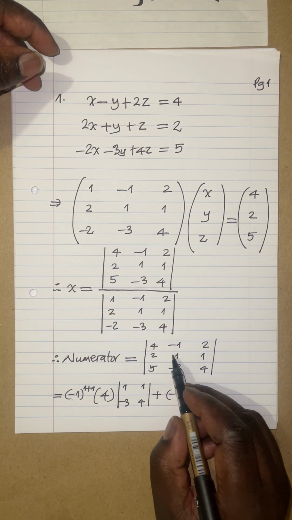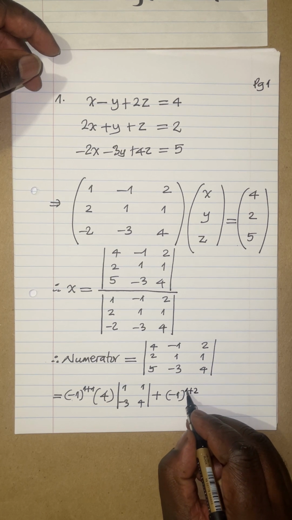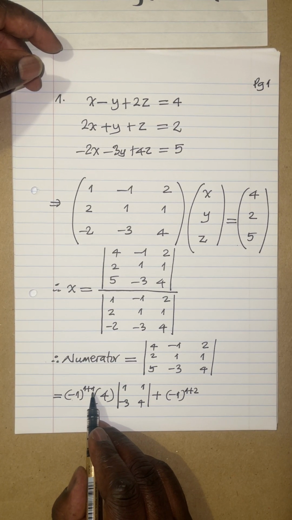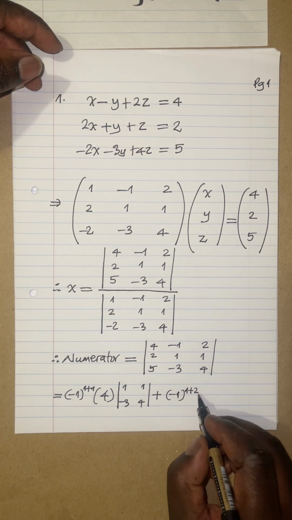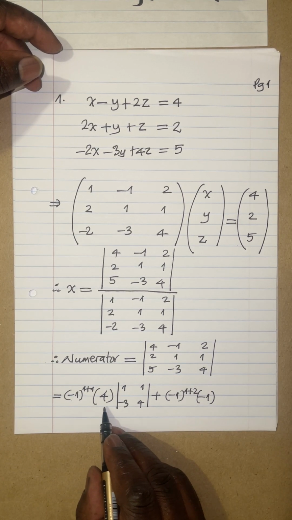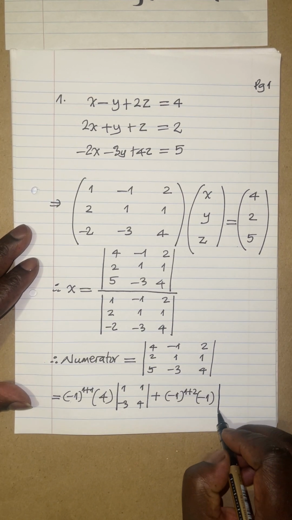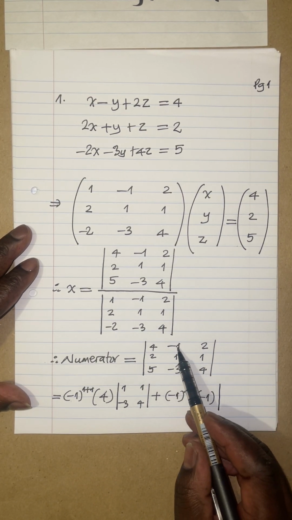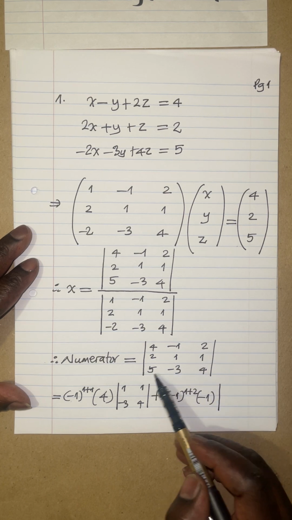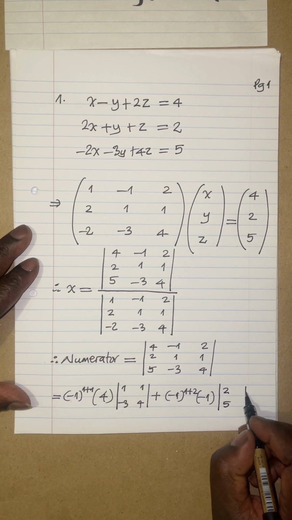And then here now I'm still in row 1 but column 2. So 1 plus 2. First number is for rows in terms of the power, and then we're adding the number of columns. And then I have minus 1. Remember, like I did with positive 4 here, I have minus 1. Now this time I have to multiply that by the determinant of minus 1. I ignore these numbers and those numbers. I'm going to take this one and that one and this one and that one. So that's 2, 5, and then I have 1, 4.